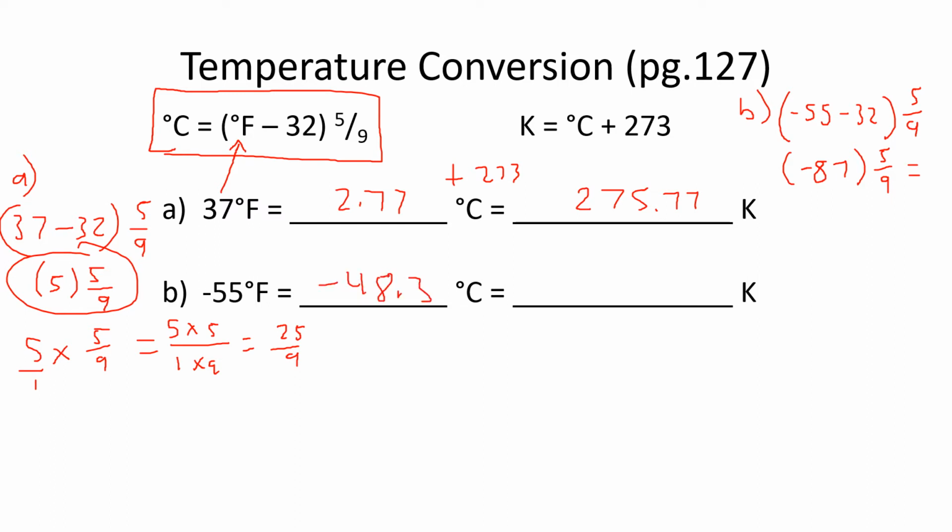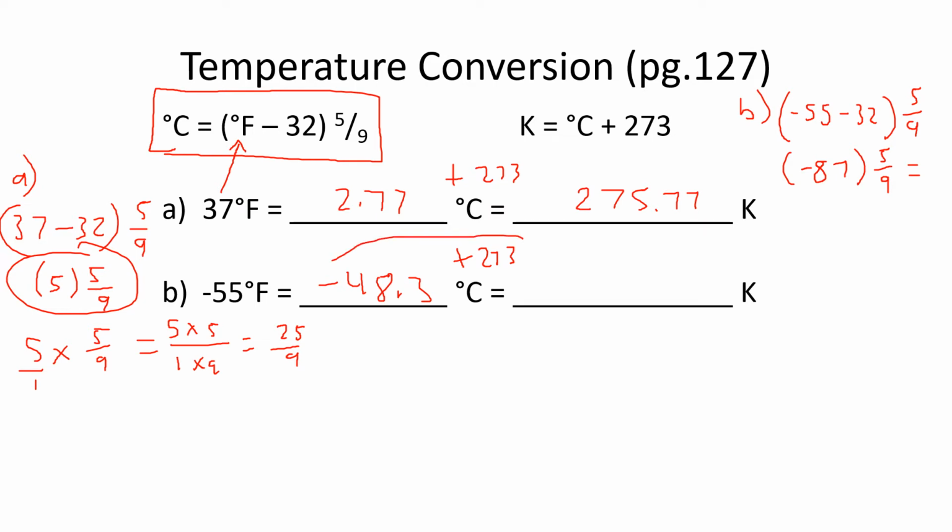Okay, negative 48.3. All right. So let's add 273 to that. What do you get in Kelvin? Negative 48.3 plus 273.